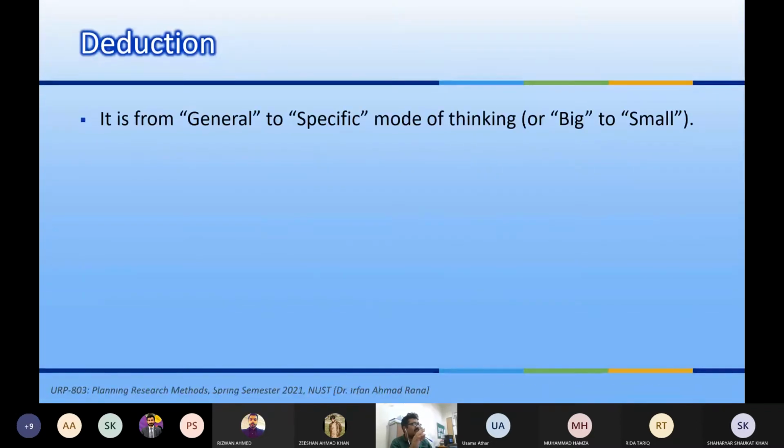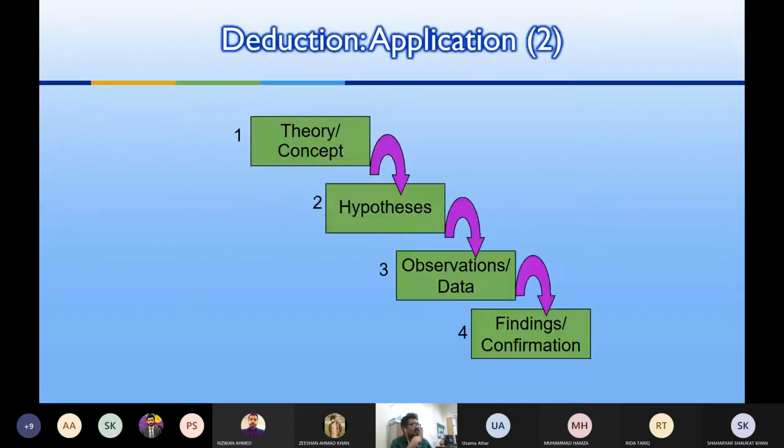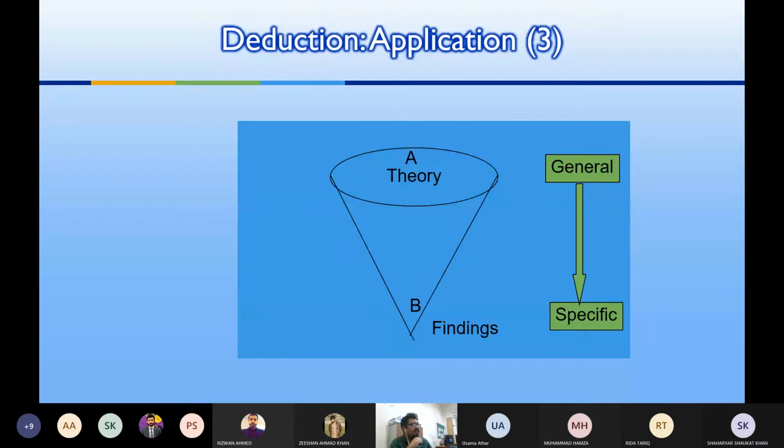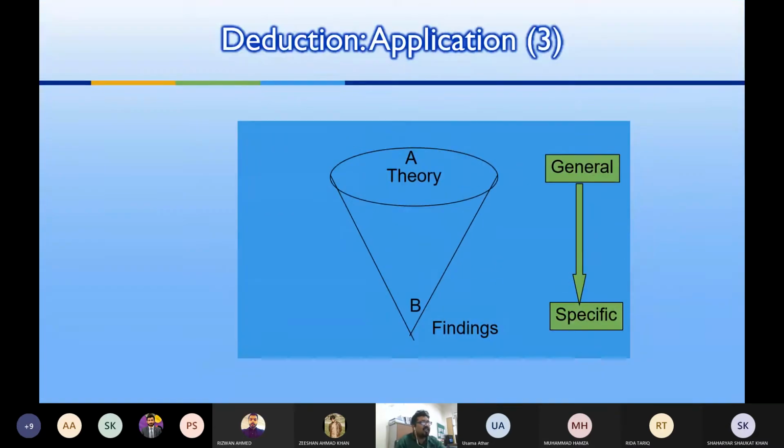The main thing I'm missing is the diagram. I'll go to the diagram first. This is the deduction approach, in which a theory is already out there, and you are trying to find out different things. From a very general perspective, you are pinpointing a very specific finding.